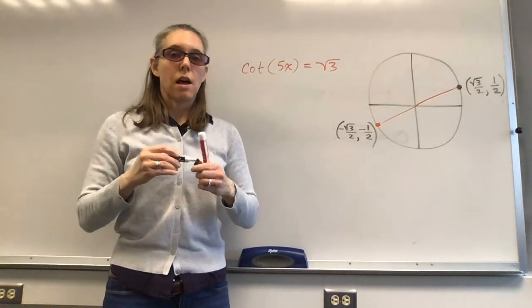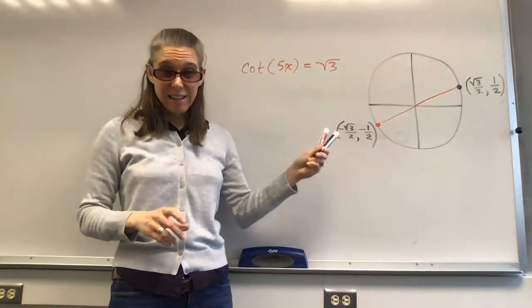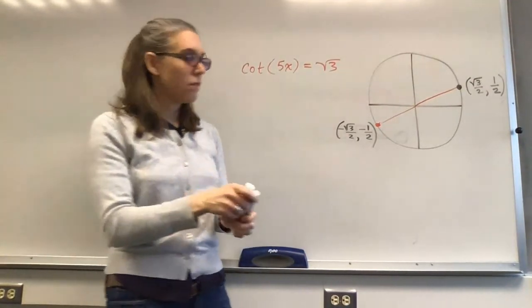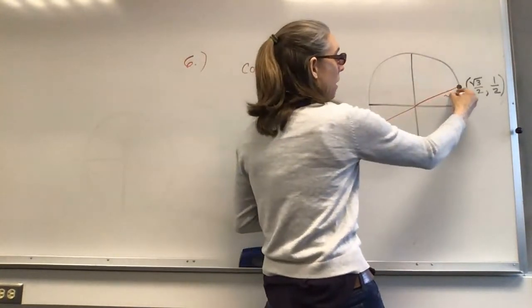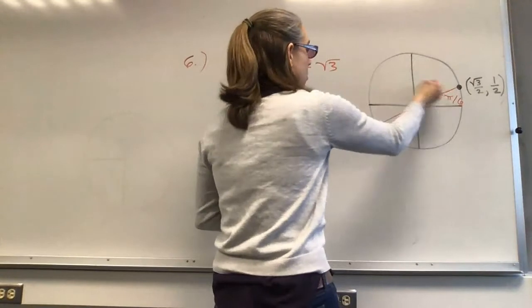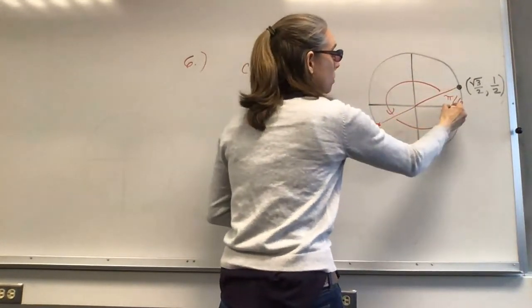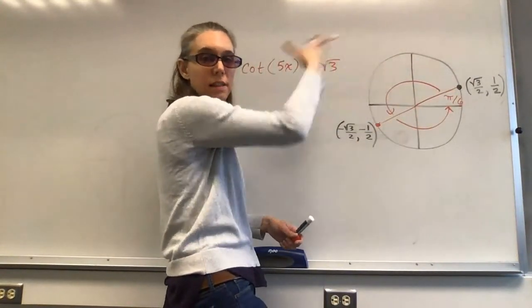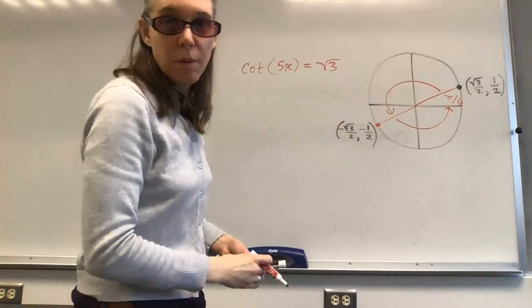So the reason I don't actually need this one, though, is because if I figure out that pi/6 is one of my answers, then I can just add multiples of pi to pi/6, and that would generate all of my possible values.